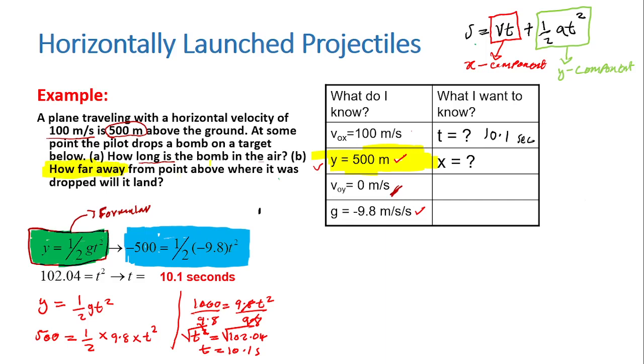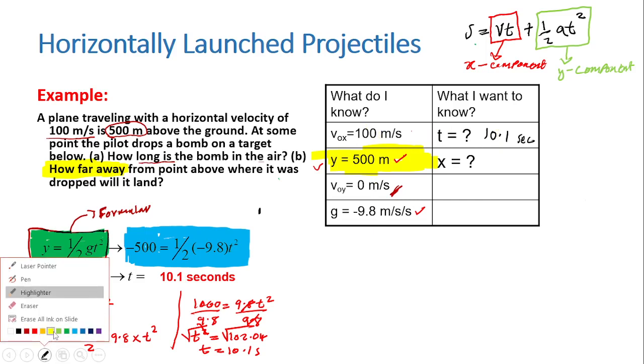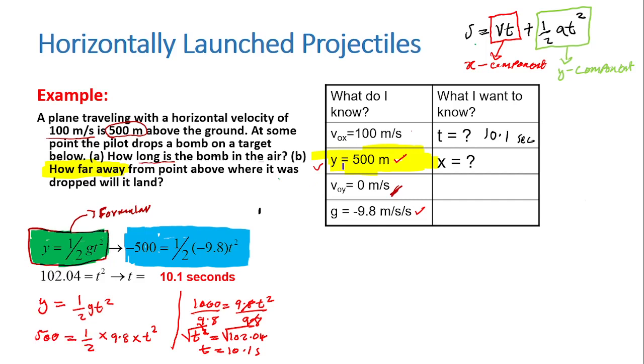Now since we have the time and we have the velocity, it's very easy for us to find the horizontal distance. Let me repeat that.